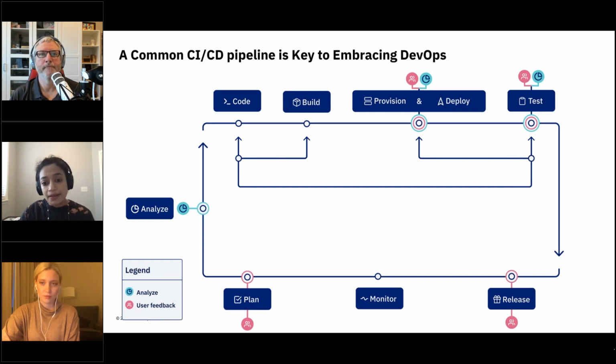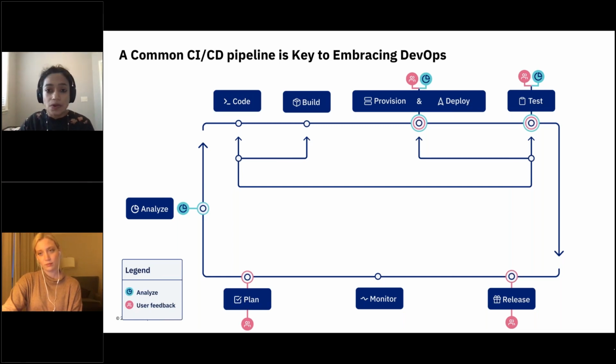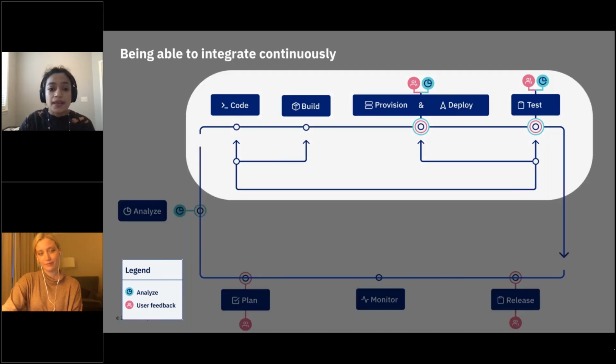So you have your code, build, provision, deploy, test, and all of this in iterations. And then as and when you deliver a functionality, you go into release, monitor, planning, and the whole cycle starts all over again. So for today's topic, we are talking about being able to integrate continuously and how shift left testing is an important part of it, right?